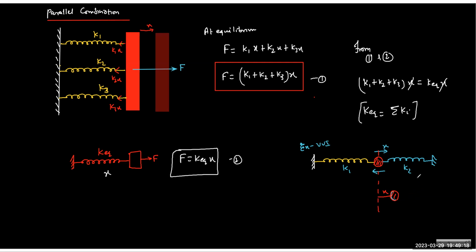The K2 spring will compress or elongate? If I displace the ball towards the right, by common sense, you can see the diagram and tell. Compress. The K2 will compress and K1 will elongate, right?